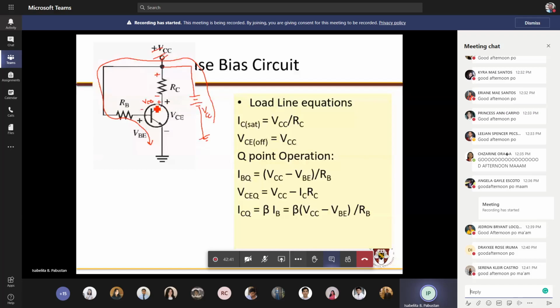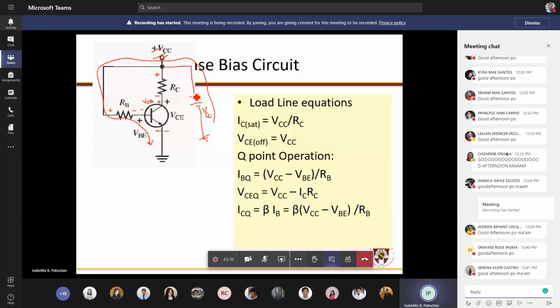Pagka hinihingi niyo ay VBC, you simply solve for the VCB and make it negative, and that is VBC. VBE plus, minus also, kasi this is connected to plus.